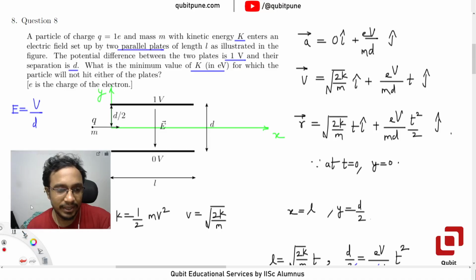Okay, I integrated acceleration with time to get velocity.